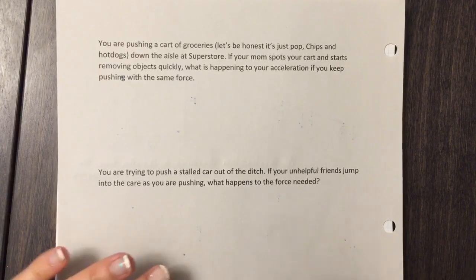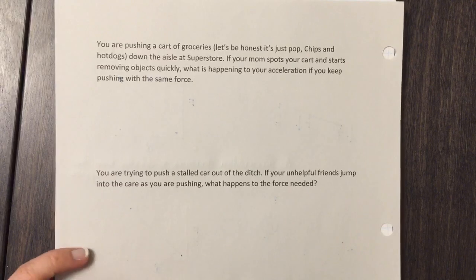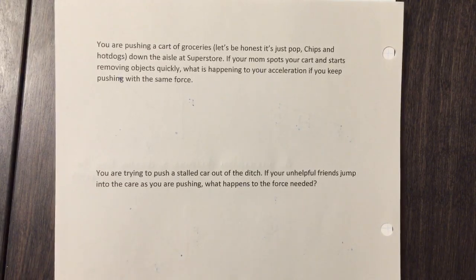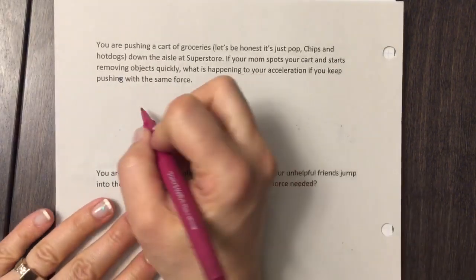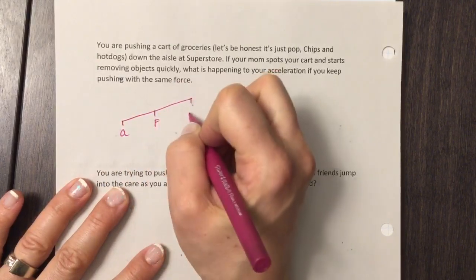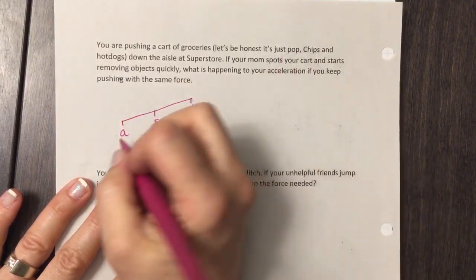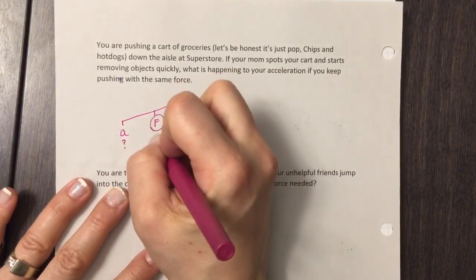Two other quick ones. You are pushing a cart of groceries. Let's be honest, just pop, chips and hot dogs down the aisle at Superstore. If your mom spots your cart and starts removing objects quickly, what is happening to your acceleration if you keep pushing with the same force? Okay, A, F, M. What is happening to your acceleration? We don't know. Pushing with the same force, that's staying the same.